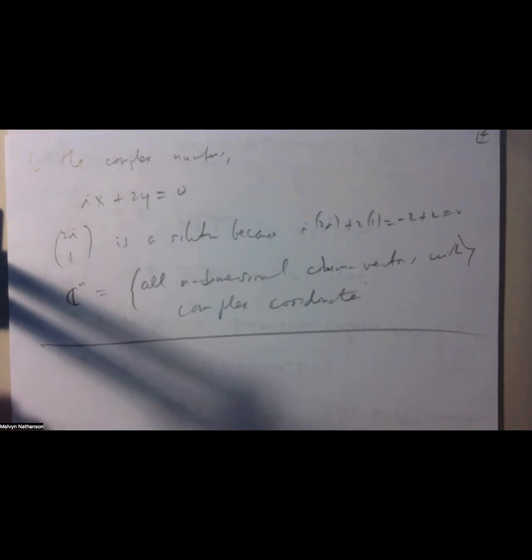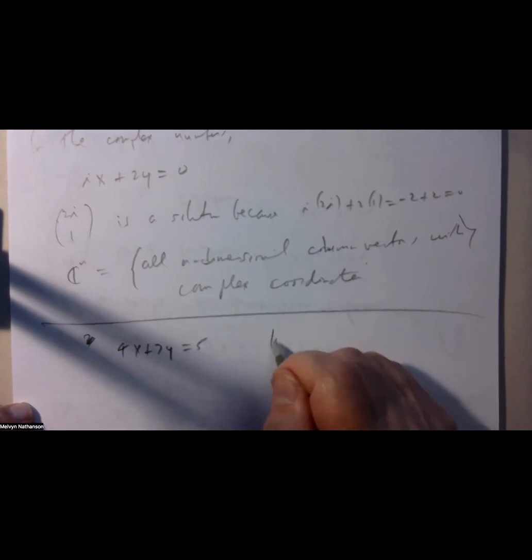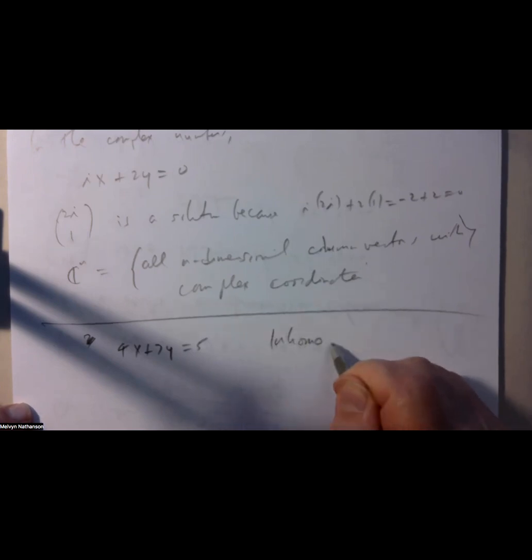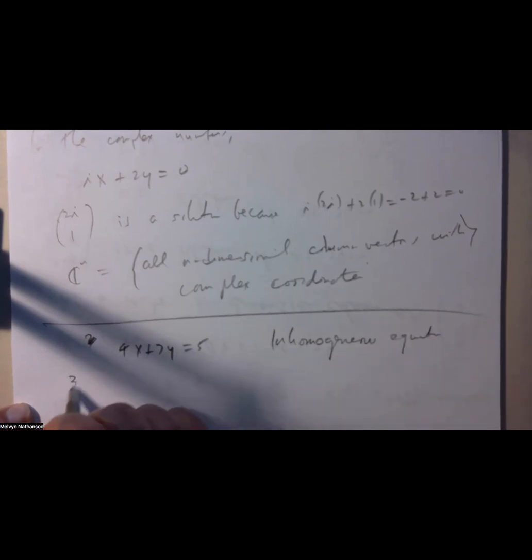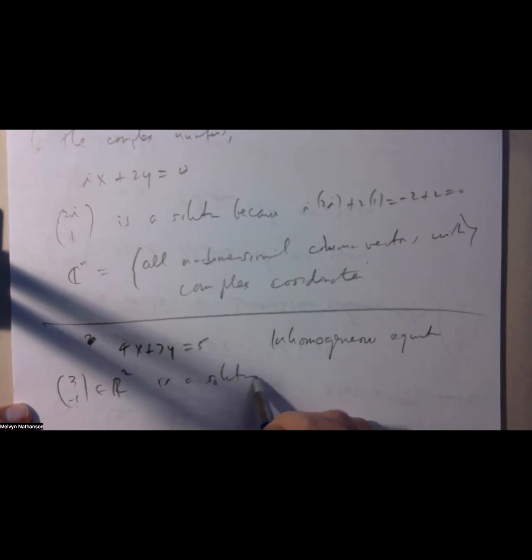Suppose we take the inhomogeneous equation 4x plus 7y equals 5. For this inhomogeneous equation, (3, -1) in R2 is a solution.